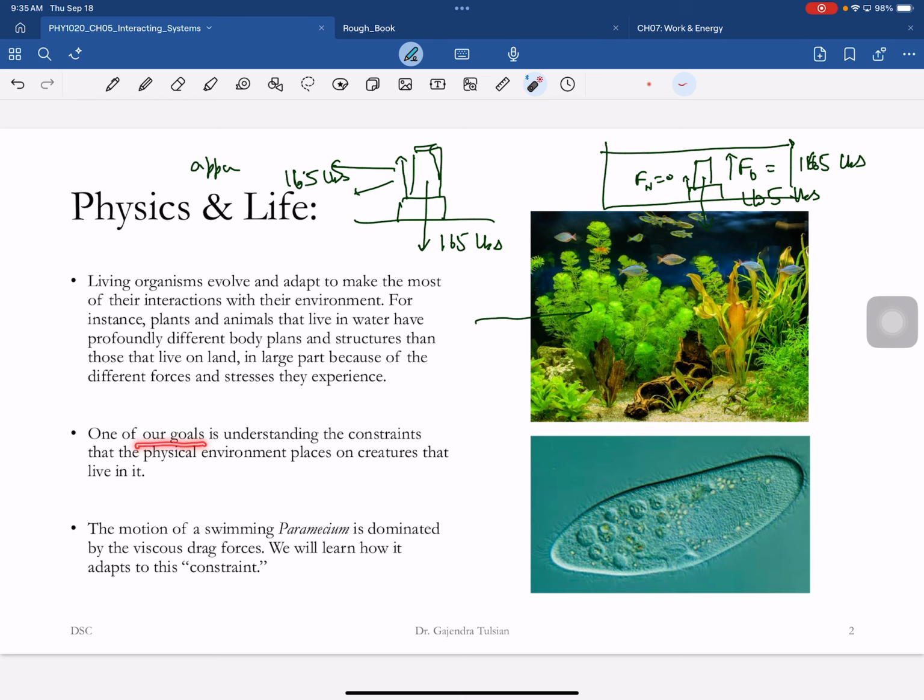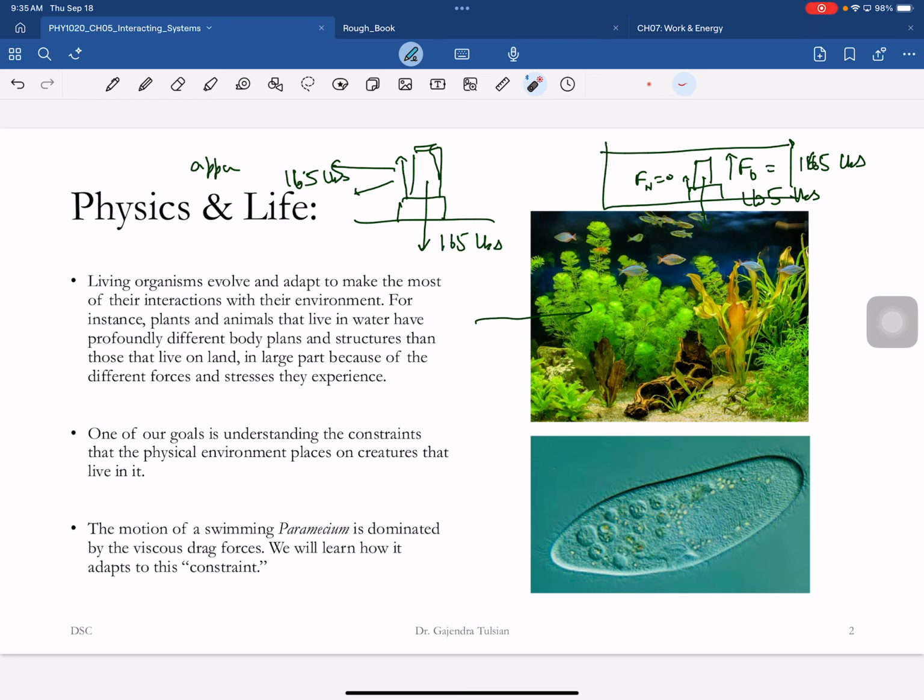So one of our goals is understanding the constraints the physical environment places on us and how we adapt to them. For instance, if you're a single-cell animal living in water, the biggest physical feature that you face is the viscosity of water.